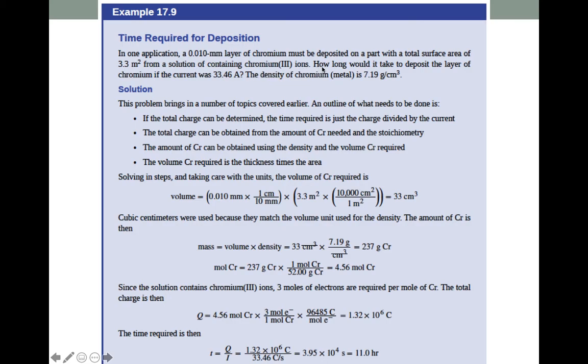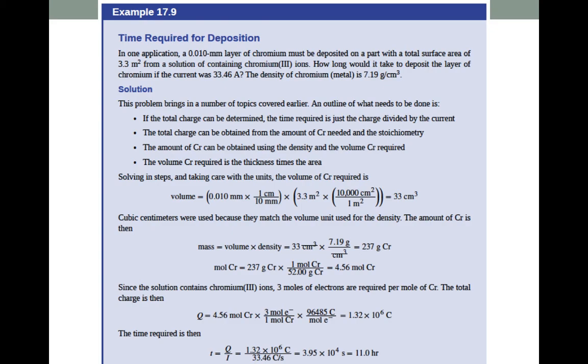How long would it take to deposit a layer of chromium if the current was 33.46 amps and the density of chromium metal is 7.19 grams per cubic centimeter? So we're going to have to go back and do lots of conversions here.